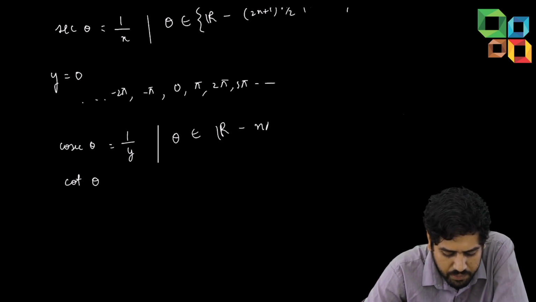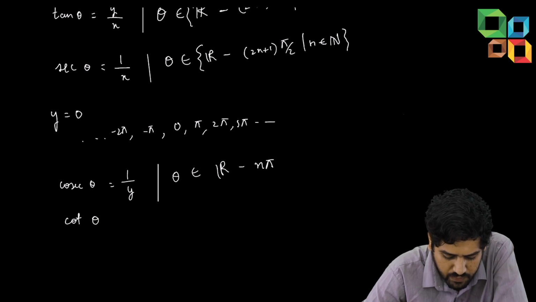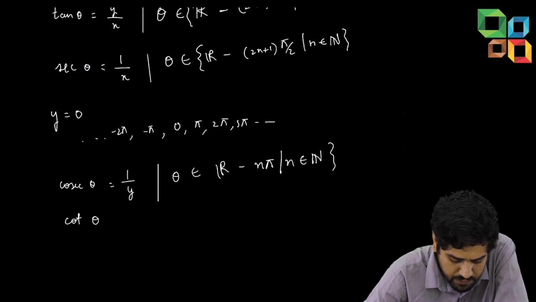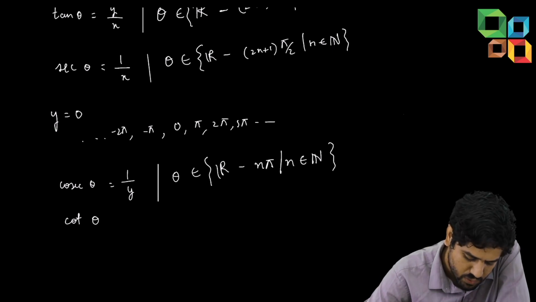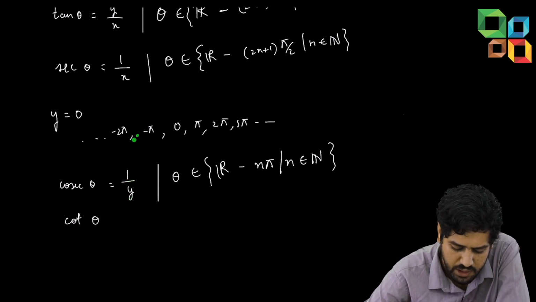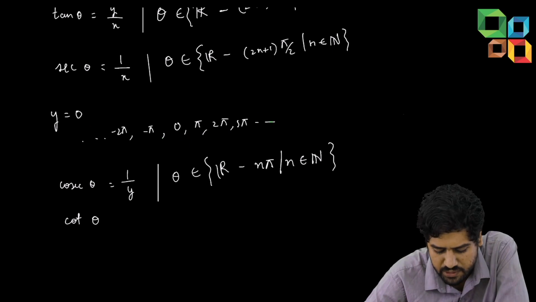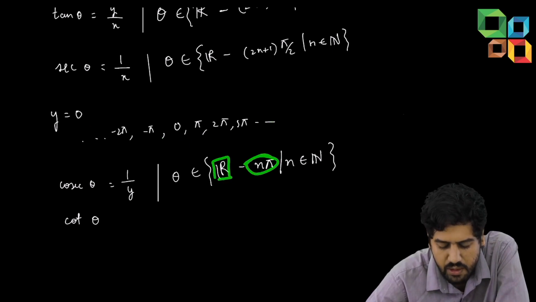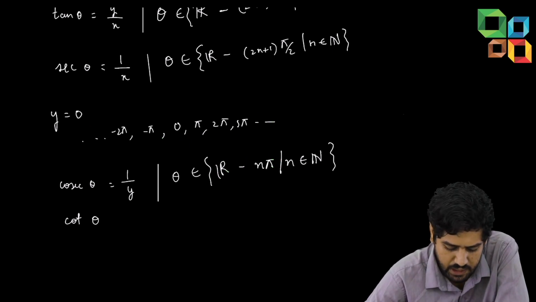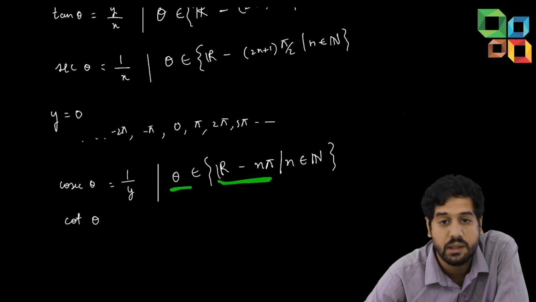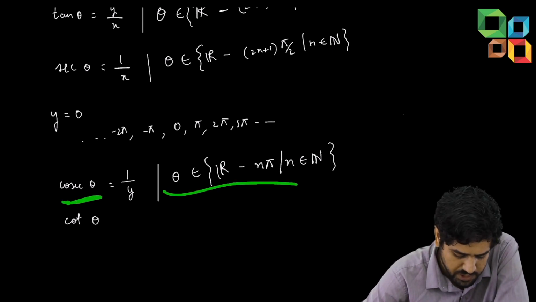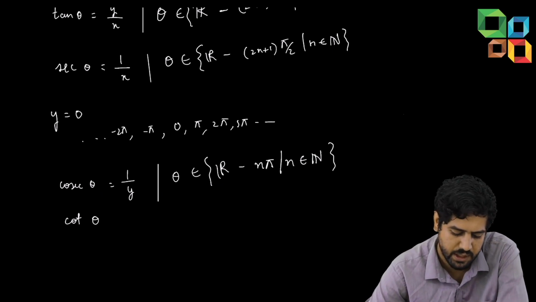So for n pi, n belonging to the integers, we will have y going to 0, right? So this can be written as n pi. So from the set of real numbers, we remove n pi, and that will give us the values of theta for which cosec theta is defined.